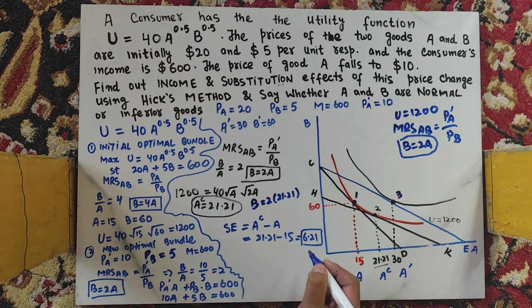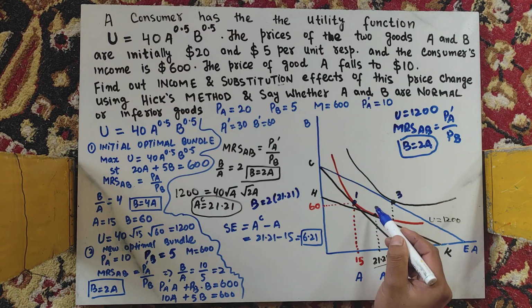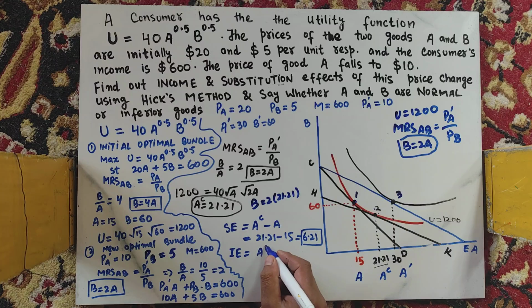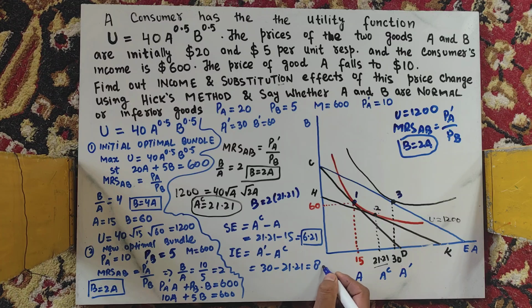The movement from this point to this is the substitution effect. And what will be the income effect? The income effect will be the rest, that is the movement from 2 to 3, from AC to A prime, which is A prime minus AC. A prime is 30 minus 21.21, which I calculated as 8.19.